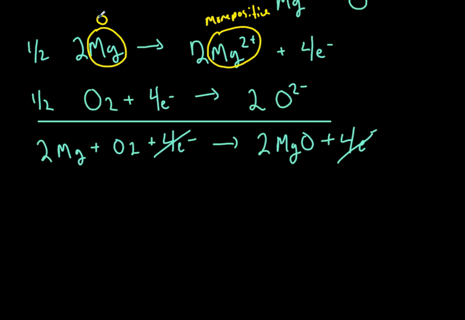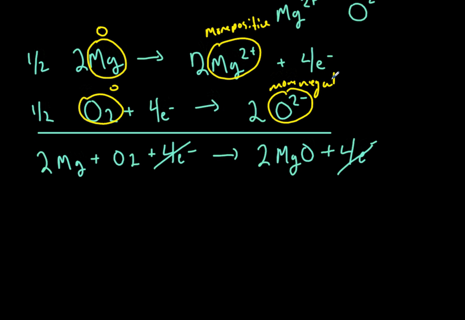Here it was 0, here it's 2 plus. It became more positive. And oxygen, here it was 0, here it's 2 minus, and it became more negative. So what does that mean?